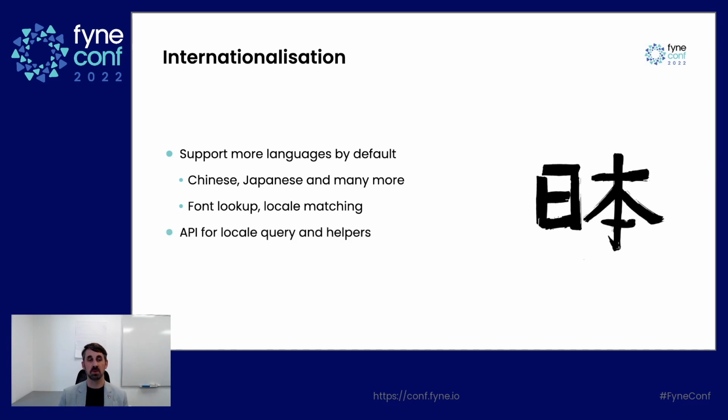And we want to make sure that we expose an API for application developers as well, to be able to make appropriate decisions based on the configuration that's found from, again, the locale, the language, the date format, and so forth.